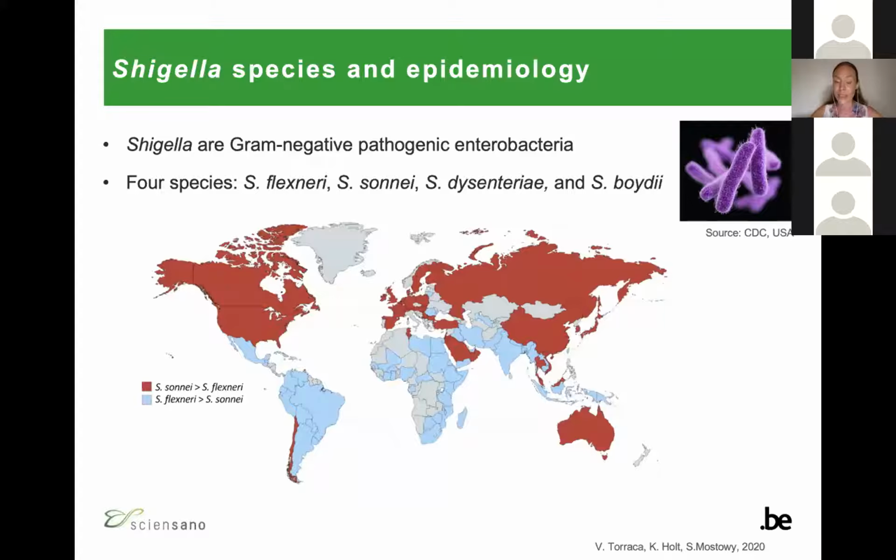And you can already see quite obviously that the distribution is very different across different countries, where in the Northern Hemisphere, North America, Europe, for example, Shigella sonnei is more common. And in the Southern Hemisphere, we have more commonly Shigella flexneri, which is a pathogenic agent mostly of childhood diarrhea.